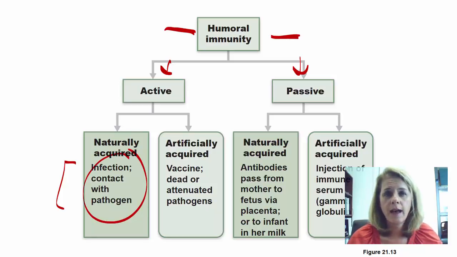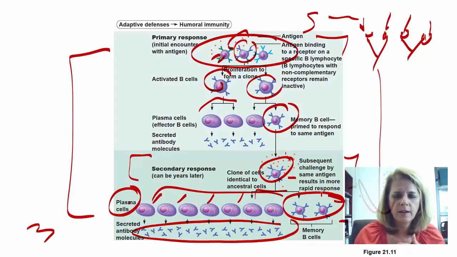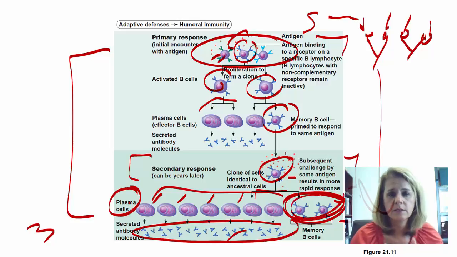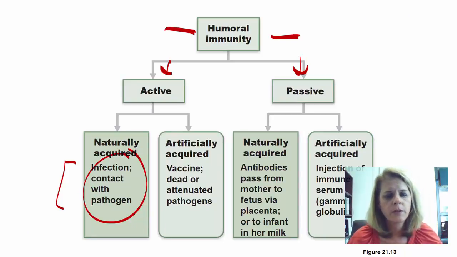So for example, I had the chickenpox as a child. That was my antigen, and then I mounted the immune response. I have these memory cells, and so now if I'm around someone with chickenpox, I'm not going to get it. I've got plenty of antibodies and memory cells that can be activated to mount a response. All right, that's naturally acquired.